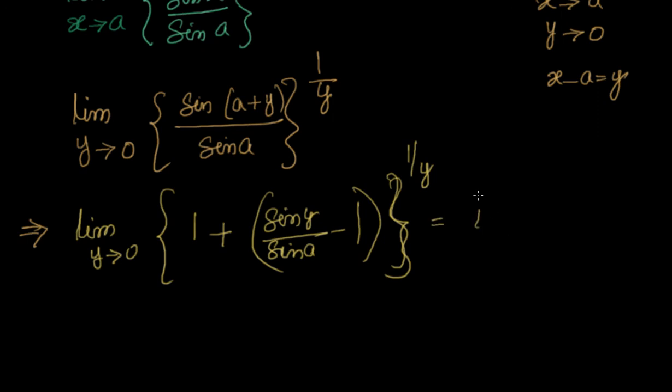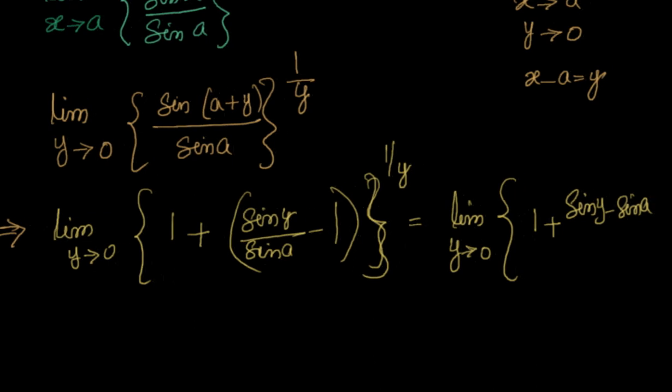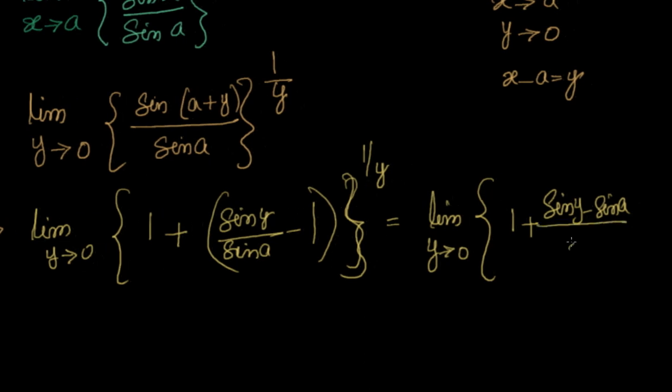That's nothing but equal to limit of y tends to 0, 1 plus sin y minus sin a by sin a in parenthesis, then I will have 1 by y.